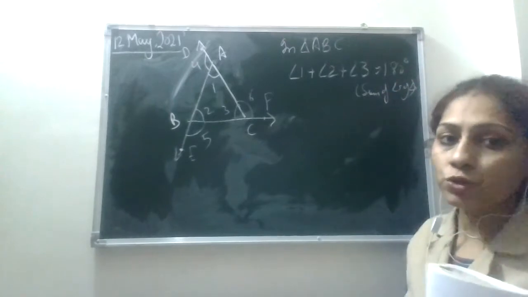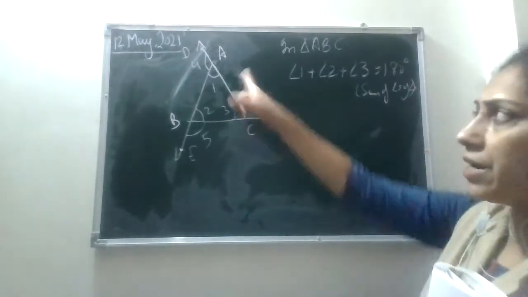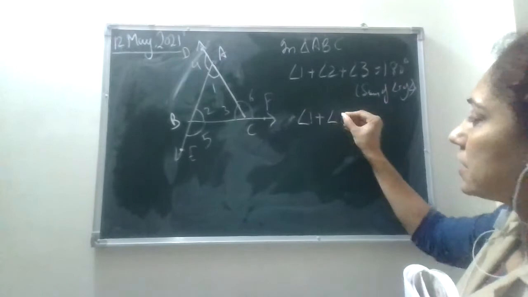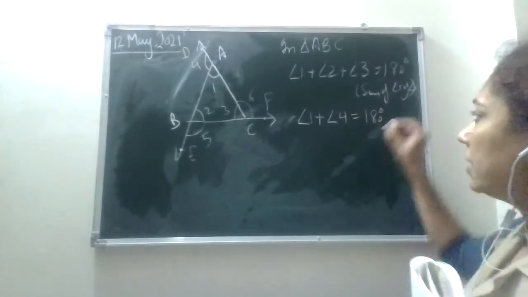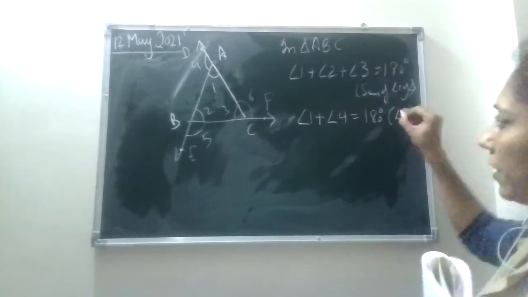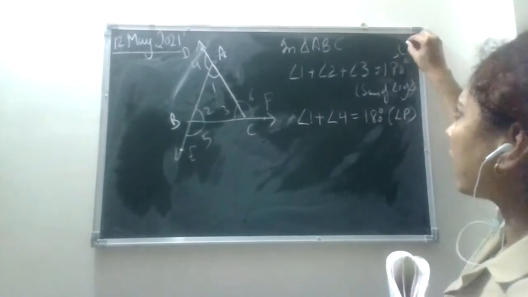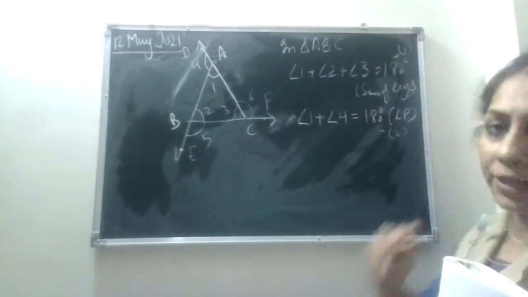Now I am going to take only one set of linear pair, right? May I take angle 1 plus angle 4? Angle 1 plus angle 4 is equal to 180 degrees, by virtue of the linear pair. Now, see carefully, this is your result number 1, this is your result number 2, both are equal to 180 degrees.